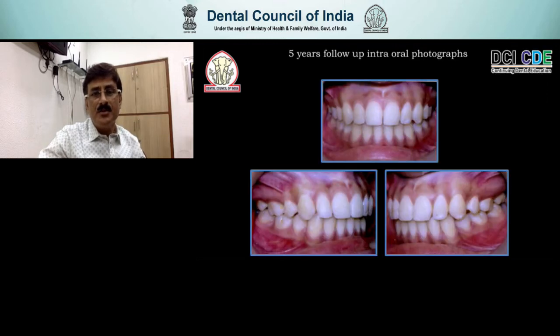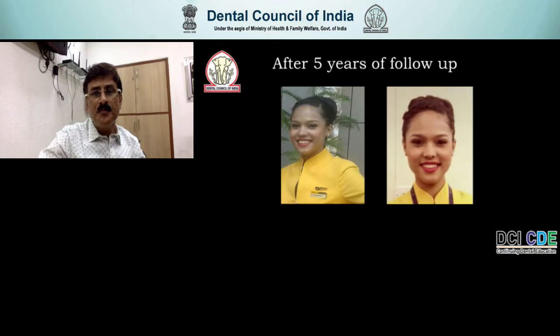That's the dentition showing good stability post 5 years. And that's a proud mother who sent me this after a couple of years. So almost all the orthodontic objectives which we had in mind, and the patient's expectation, were met. In fact, we have not just fulfilled the patient's expectation, we have surpassed it.